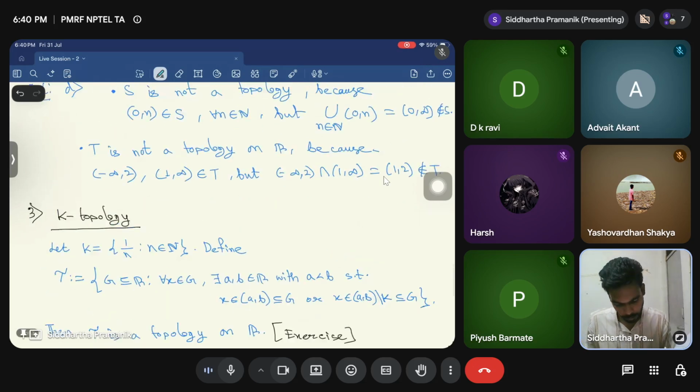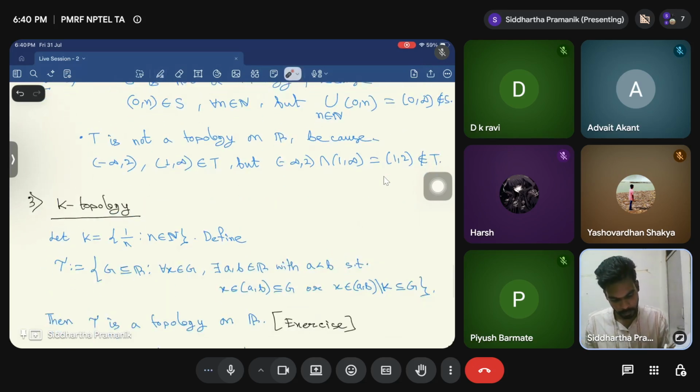Because what is our condition? This kind of interval, and this kind of interval minus k, has to be inside that set. But this interval is an infinite set; in fact, it is an uncountable set. And this is also an uncountable set, because k is countable. So inside a finite set, can we have an uncountable set?